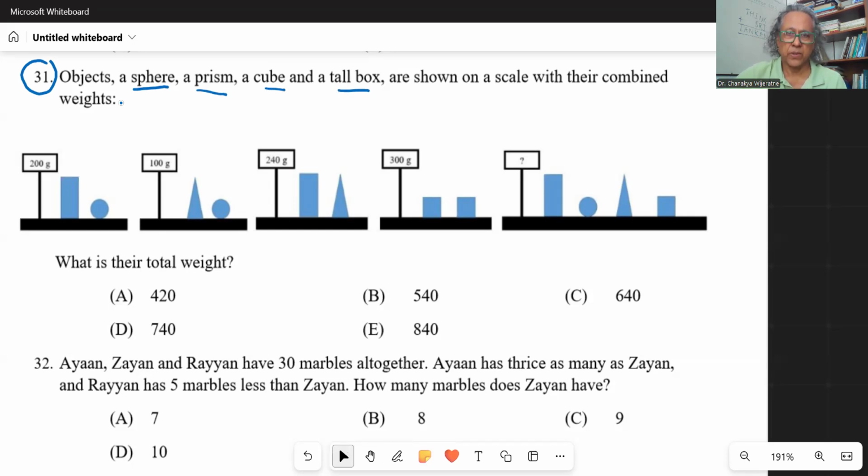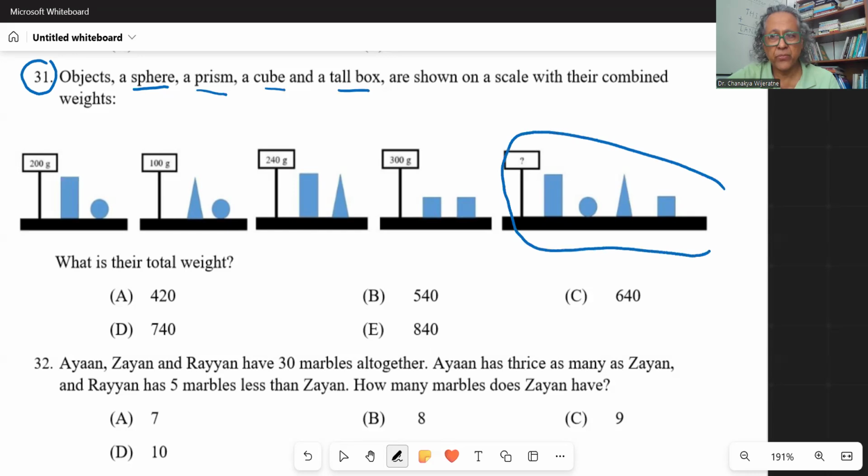Now, you need to look at what you need to find, the weight of all these 4 objects. And then you can see that we have the weights of 2 at a time. And then how do we find the total weight of the 4 objects?